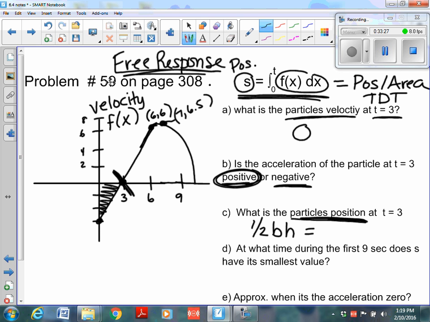Okay. Between these two. Isn't the base 3, correct? And the height is what? Oh, yeah. 1/2. Oh, sorry. I knew something was wrong.